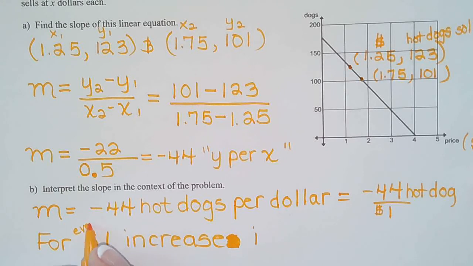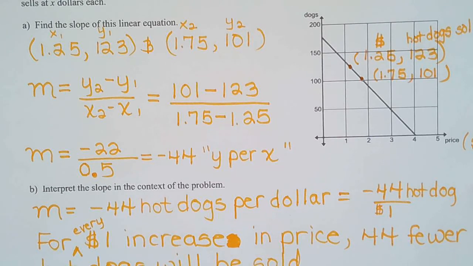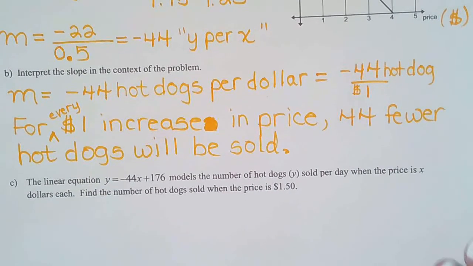Boy, I'm not doing very good, am I? So for every $1 increase in price, comma, 44 fewer hot dogs will be sold. So you'll have to find out where you make the most money by multiplying the number of hot dogs you sell by the price.